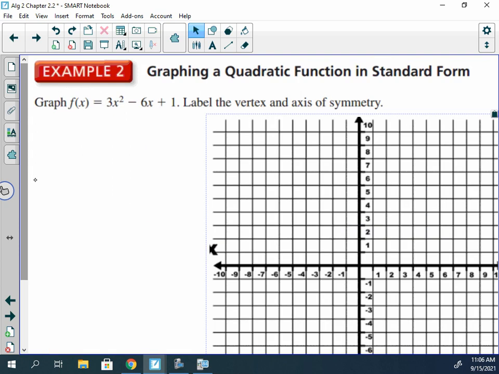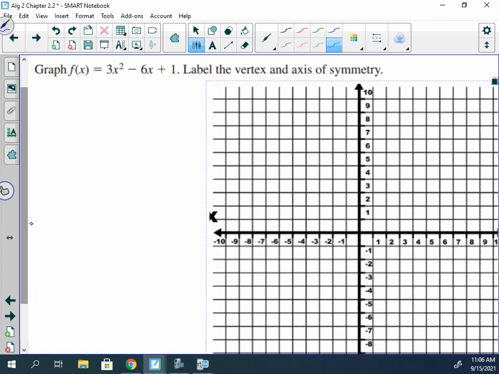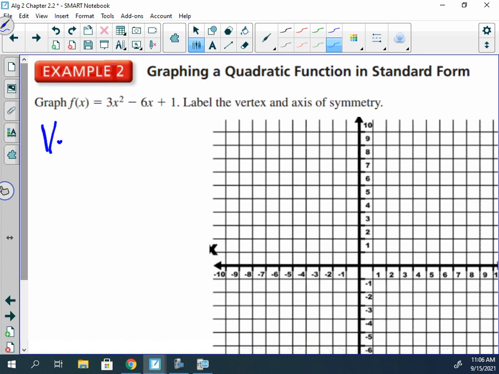Let's go on and look at an example of this. I'm going to leave a little bit of space to work. Actually, no, let's just put this up at the top. The two things we're going to look for are the vertex, which, because it is in standard form, is -b over 2a, comma, f of -b over 2a.